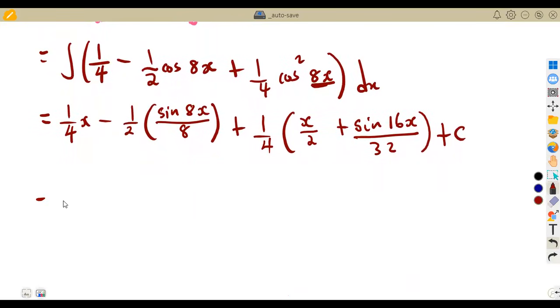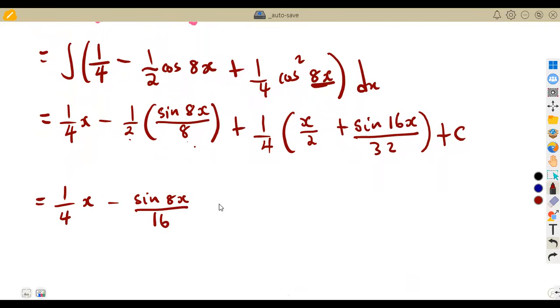So at this stage now, what you need is to expand and simplify together. Okay, let's just expand the brackets. Here is going to be 1 over 4x. We can multiply 2 and 8, which is 16. So it's minus 1 times sine 8x over 2 times 8, which is 16.